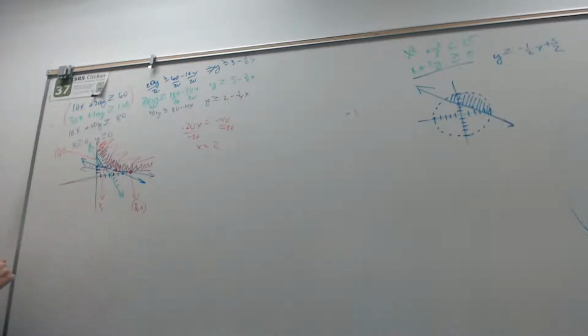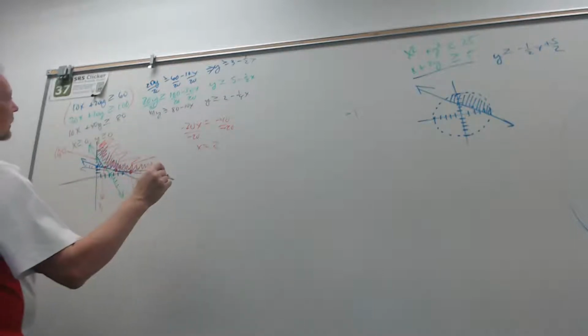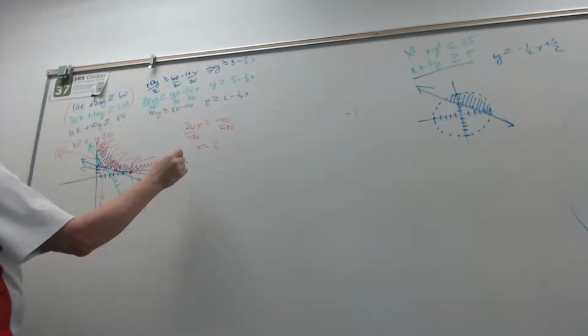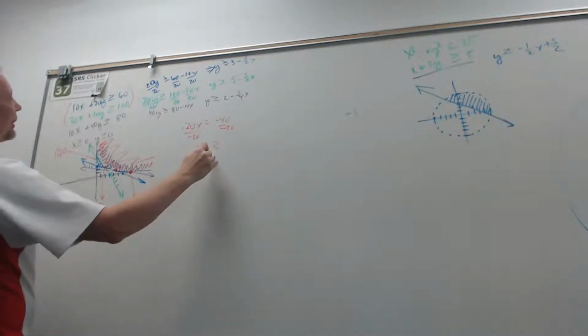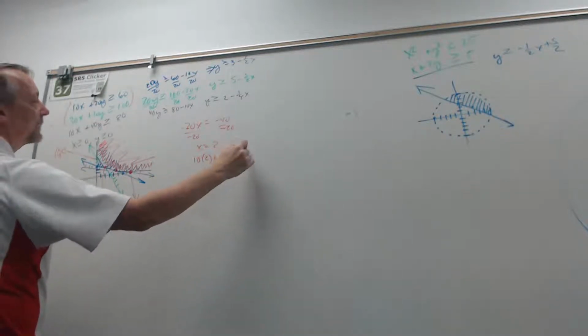That's 2, comma, and then what? Do we want to plug it back in, or can we see it on the graph? Well, it looks like it's in between 2 and 3 to me. Okay, so we probably should plug it in to be accurate. So you plug it back in, so the easiest one would probably be the top one. So 10 times 2 plus 20y equals 60.